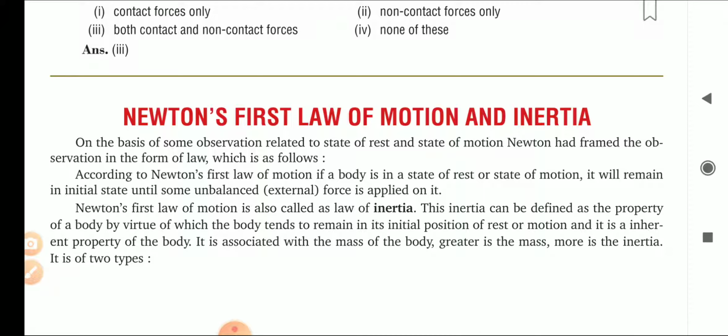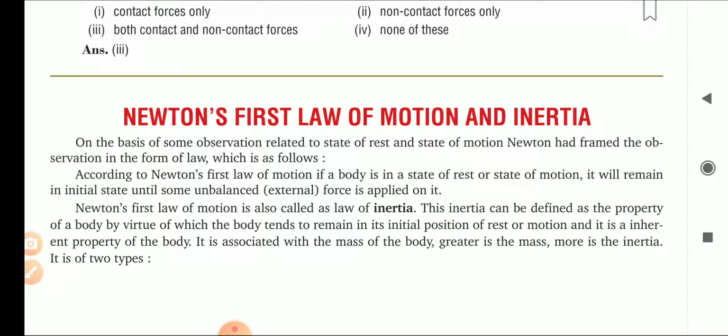Inertia is the term that is related to mass. If any object has mass, it should have inertia. It can be defined as the property of a body due to which it tends to remain in its initial position of rest or motion unless and until it is acted upon by any external force.